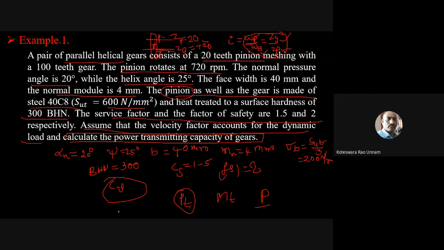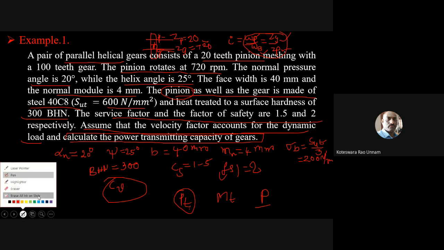This is quite similar to the previous problem we solved in the case of spur gear. The only thing here is that once you write the data, you need to use the formulas corresponding to the virtual spur gear, and you can solve this problem very easily.